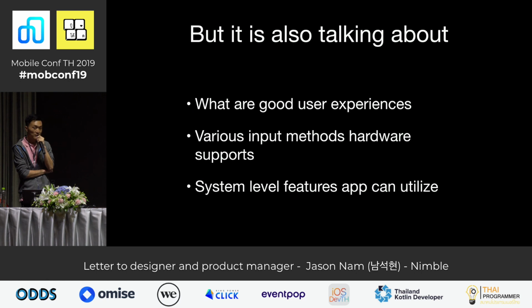It is not just saying there's A and B, you can do it this way or that way, but it is talking about good UX. For example, how to write a good alert title and message. They talk about how alert messages or titles should be, whether uppercase or lowercase, whether they should finish with a period or be in full text. So it's not just technical references, but also what is a good thing.